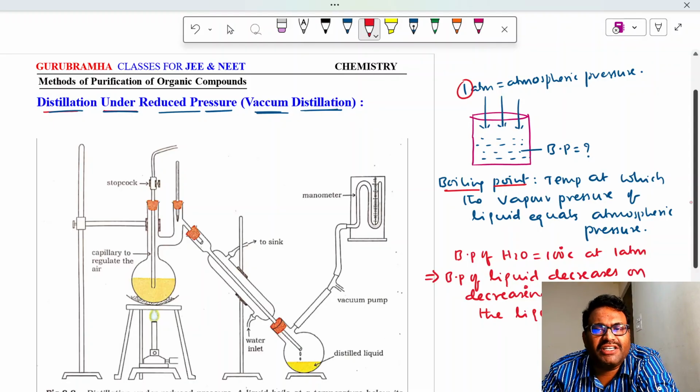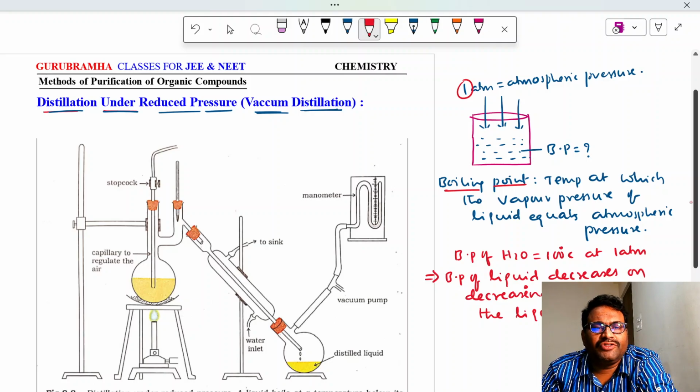If the pushing pressure is less, then the liquid can be boiled at low temperature. So simply, if you increase the pressure over the liquid, the boiling point increases. If you decrease the pressure, the boiling point decreases.